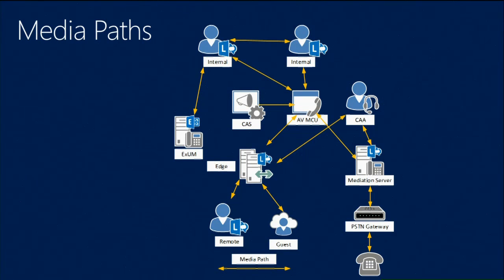The key here is that we have different types of things talking to each other. We have users talking to each other, users talking to server components, and server components talking to each other. And they can all do it over different networks. They can be internal, external, a mix, on wireless, or on wired networks.